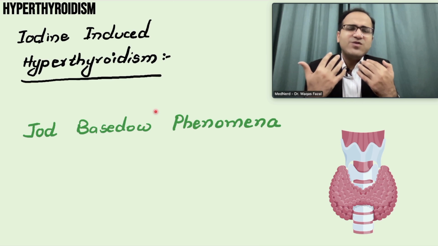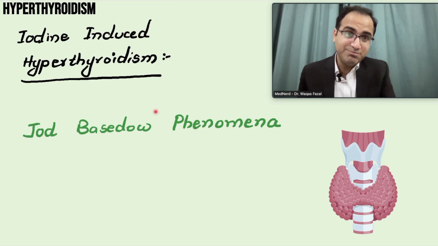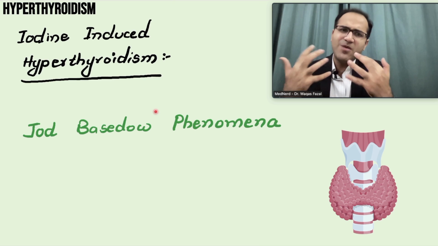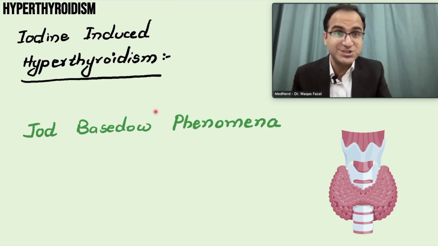So their thyroid gland will produce thyroid hormones from the iodine that it is getting, but their receptors are upregulated to take up that small amount of iodine that is being absorbed from the nutrition.